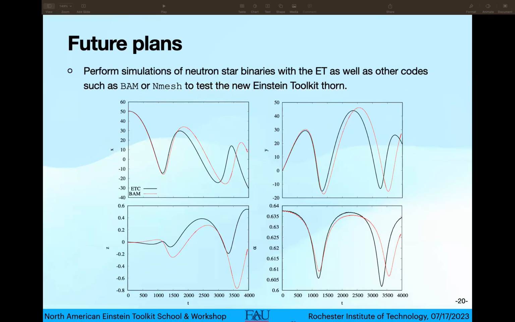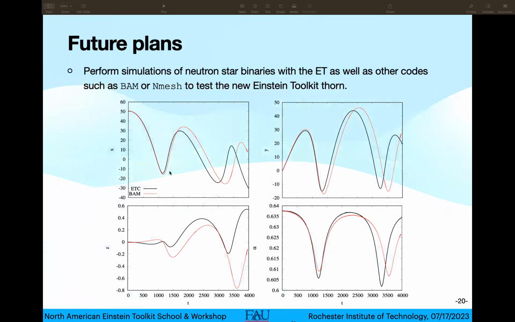Partially, we have some results. On the upper left plot there is X, then Y and Z. I'm talking about the position of the neutron star, the point where the density has a maximum. We just read initial data here using SGrid-generated initial data, and we started to evolve it using the Einstein Toolkit and the BAM code.